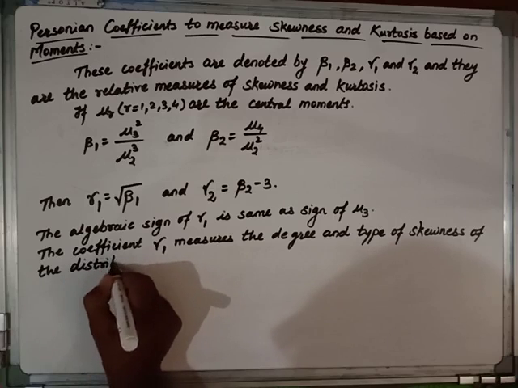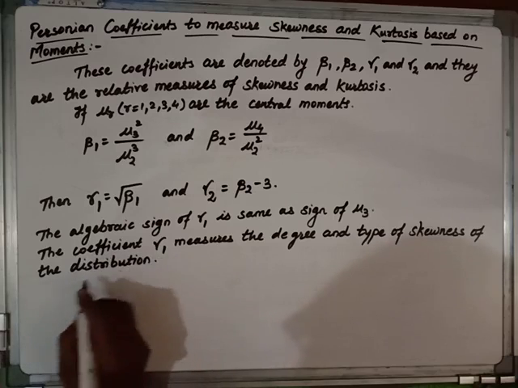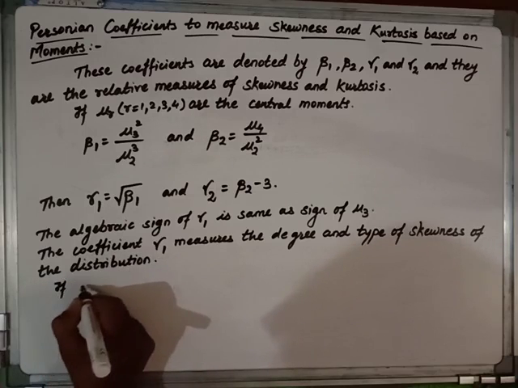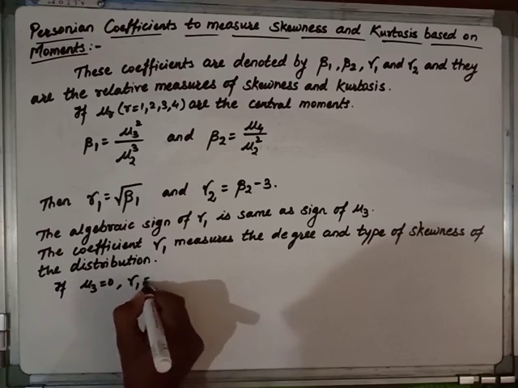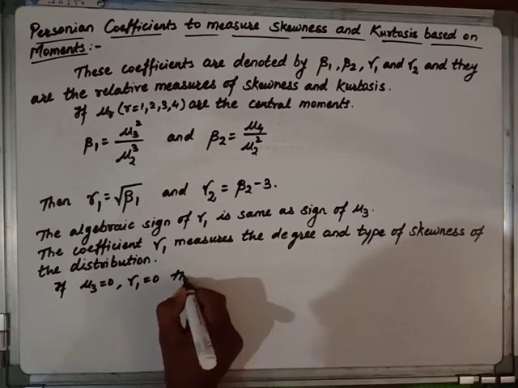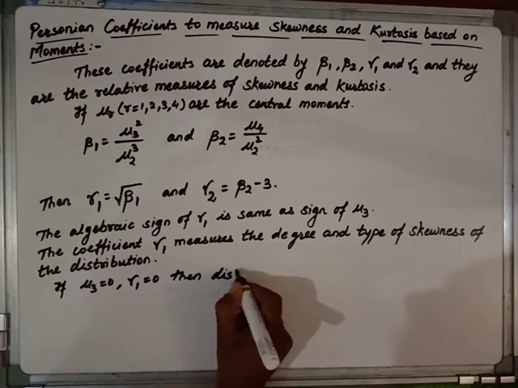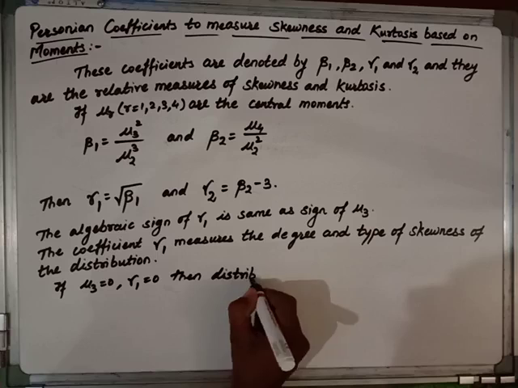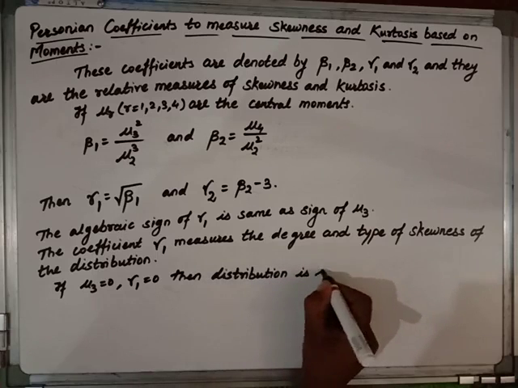Now, how does it? So, the interpretation: if mu 3 is 0, gamma 1 is also 0. Then the distribution is symmetric.